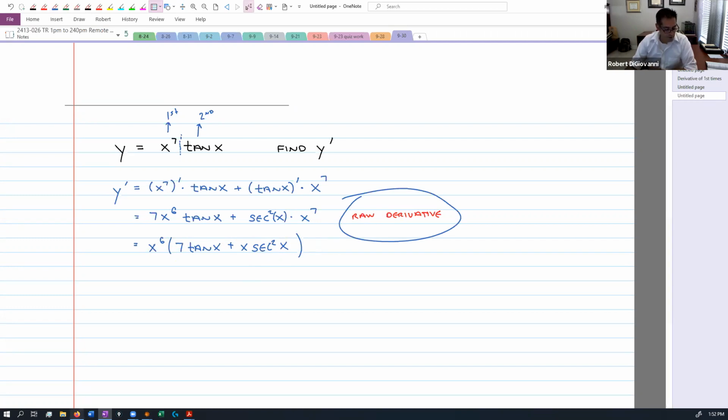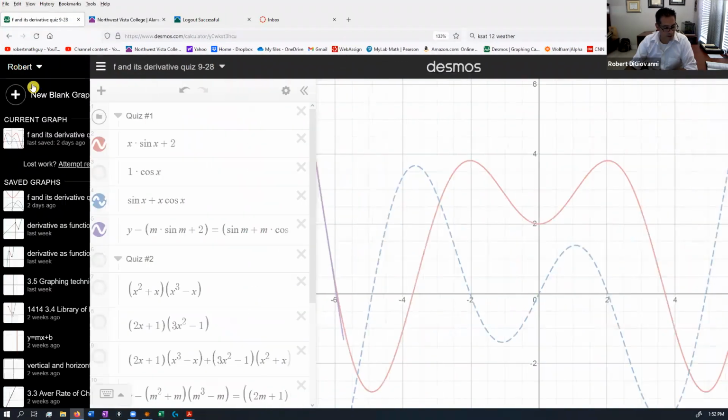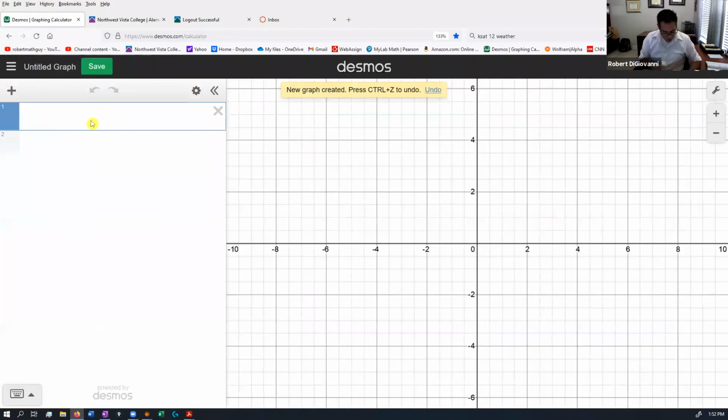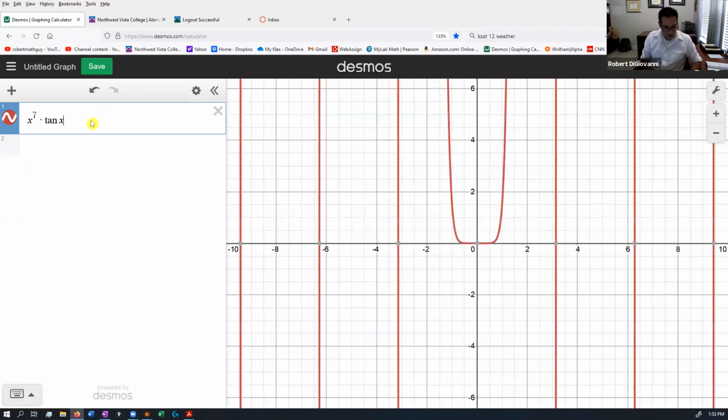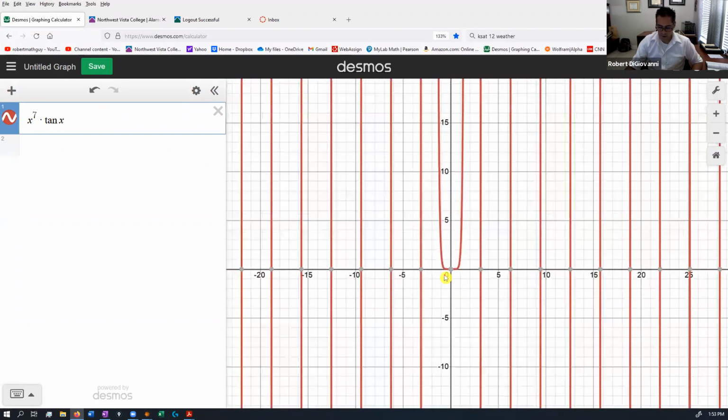I'm curious to know if we're satisfied with that result. Let's do a new graph. The original function was x to the 7th times tangent x, right? That's the graph, that's the function. God, that is nasty. Okay.